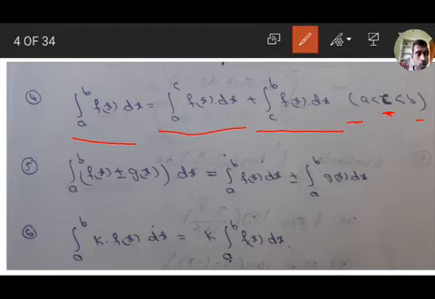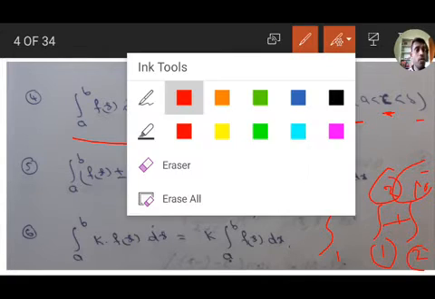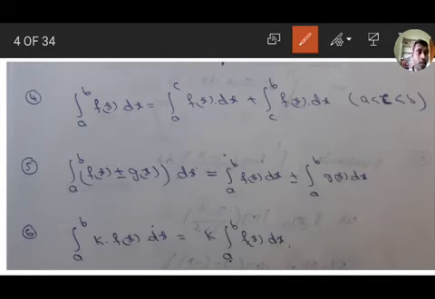For example, integration 1 to 10 can be written as integration 1 to 2 plus integration 2 to 10; in the middle it comes as plus. The total integral from 1 to 10 is divided into two integrals, 1 to 2 and 2 to 10. Like that we can write any number of intervals, up to the total a to b, a to c and c to b, where c is between a and b.